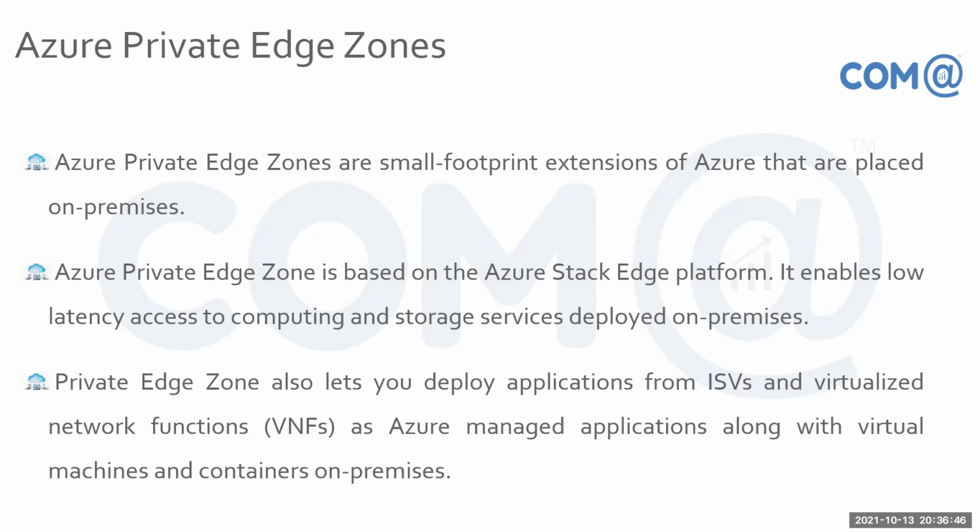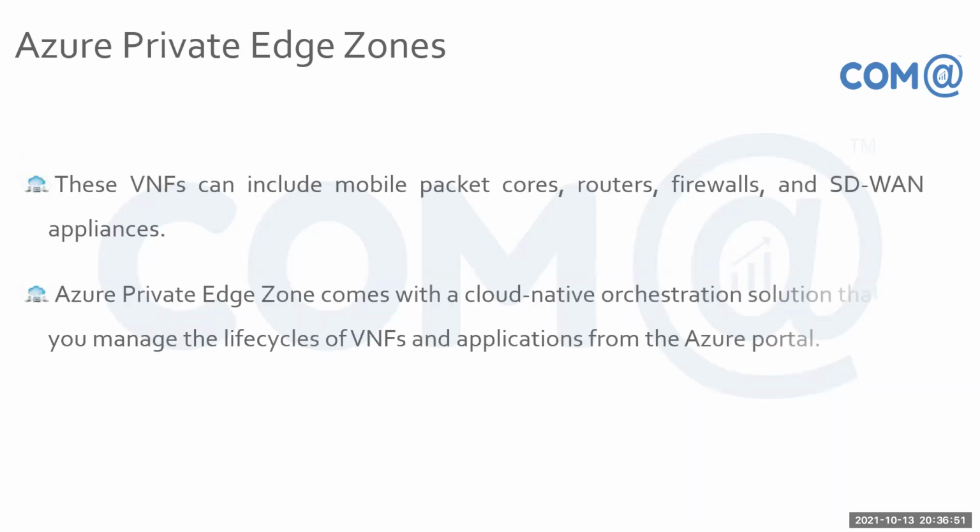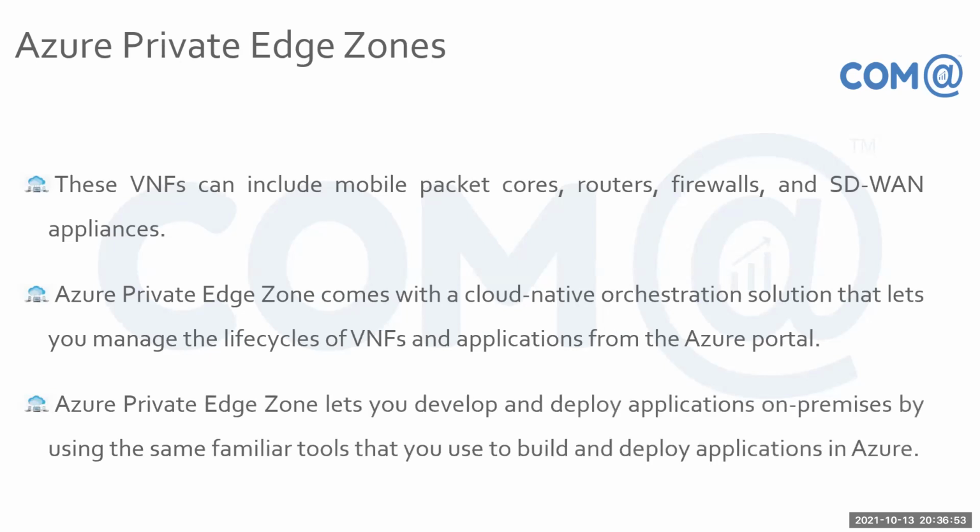With the additional services and devices deployed in the customer's location, the content is cached and delivered to the end user. Compared to other services, the performance is going to be a little bit higher. So that is the thing about the Azure Private Edge Zones.